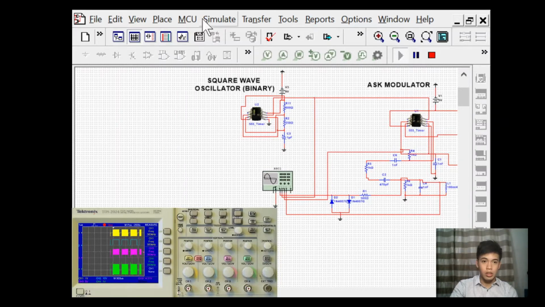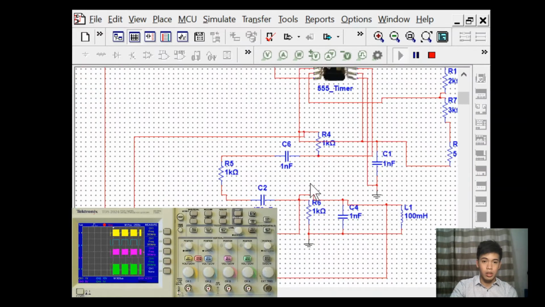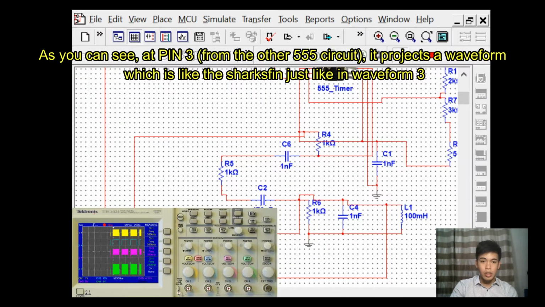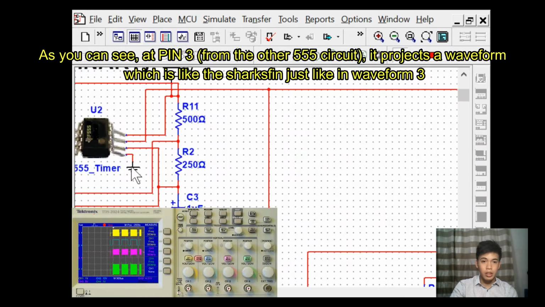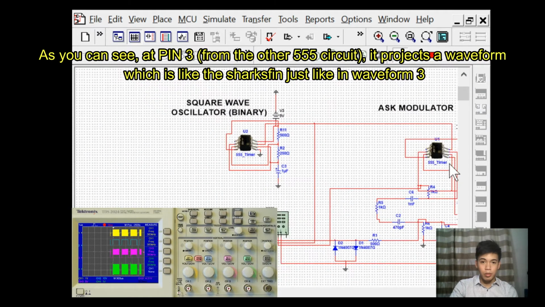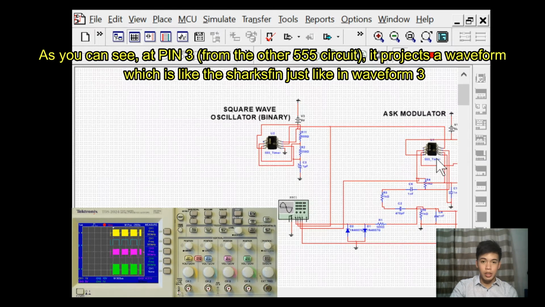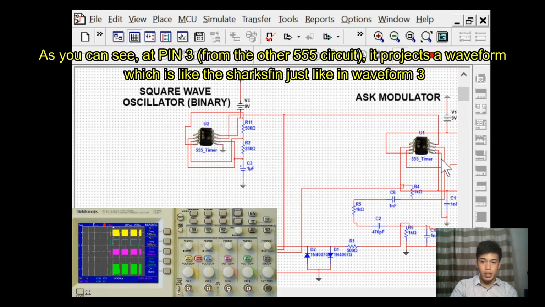Let us move this further. Here. As you can see, at pin 3 of the other 555 circuit, it projects a waveform which is like sharp spikes, just like in waveform 3.